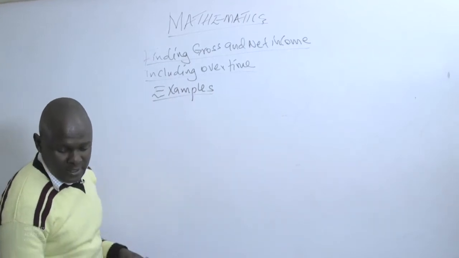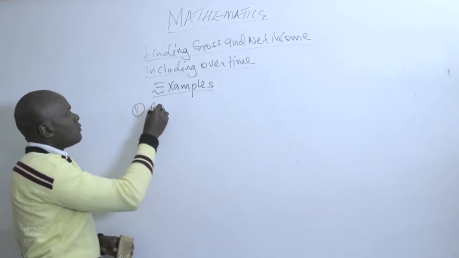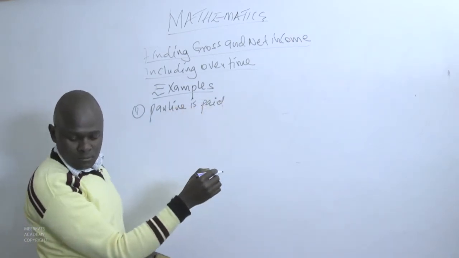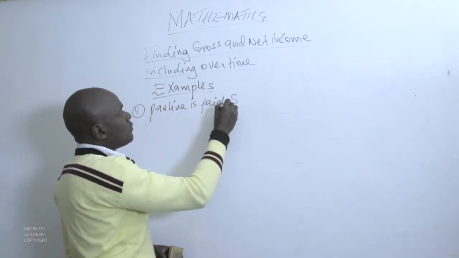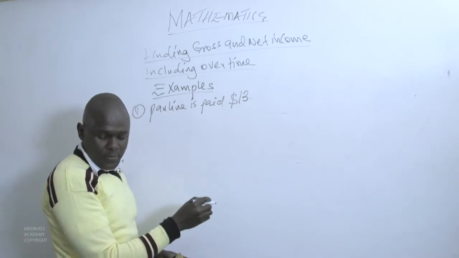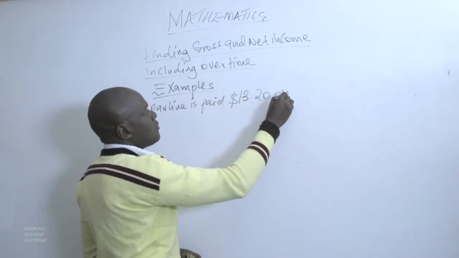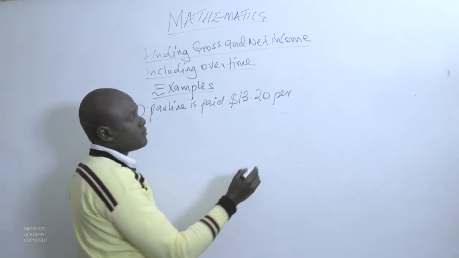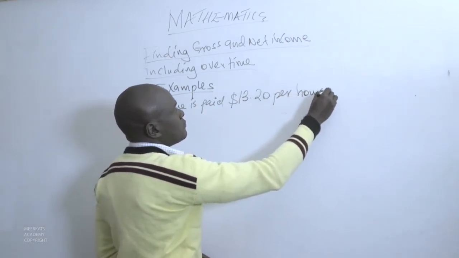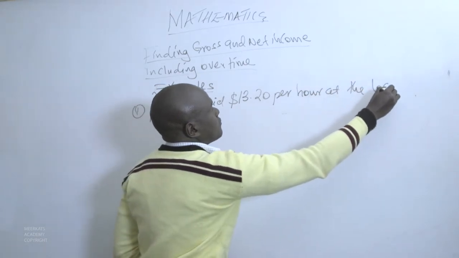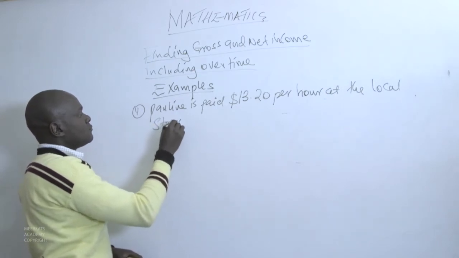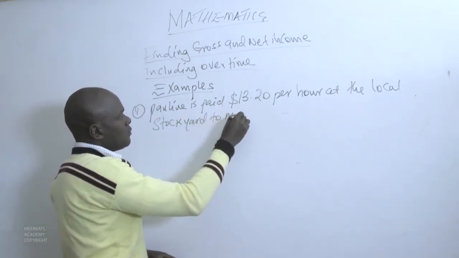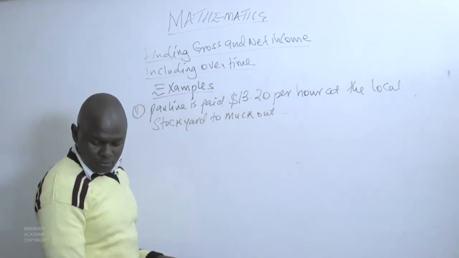Our first example: Pauline is paid $13.20 per hour at the local stockyard to mark out the stalls.